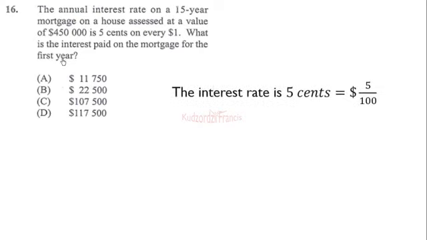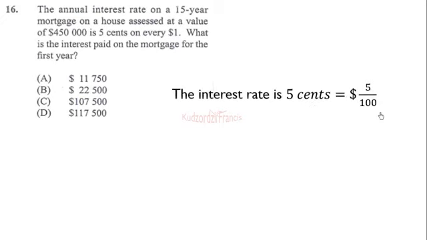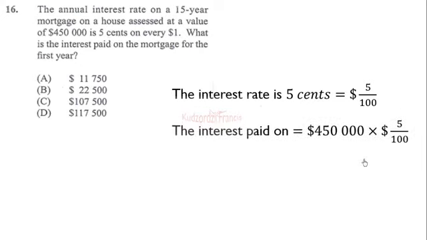So we know the interest rate is given by 5 cents, which is the same as 5 out of $100. So if for every dollar you're supposed to pay 5 cents, then the interest paid on $450,000, we just have to multiply the rate, which is 5 out of 100, by the mortgage amount.